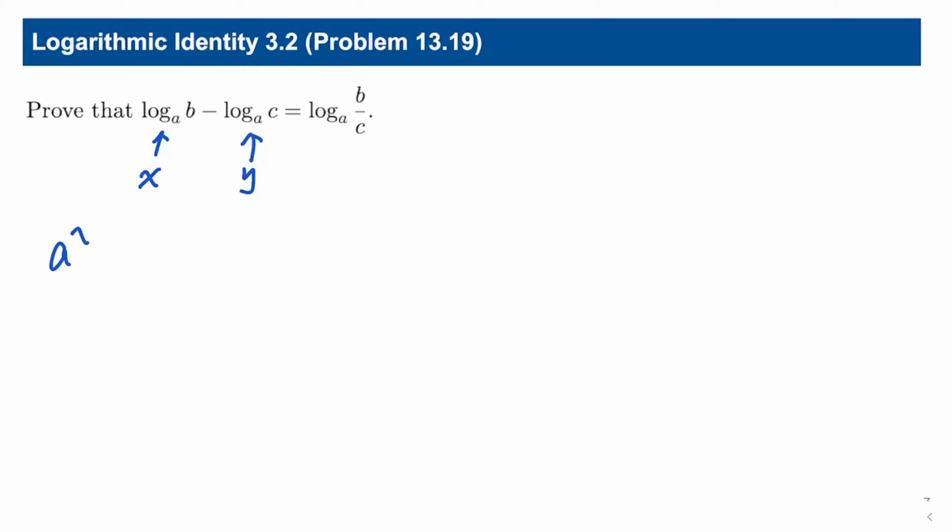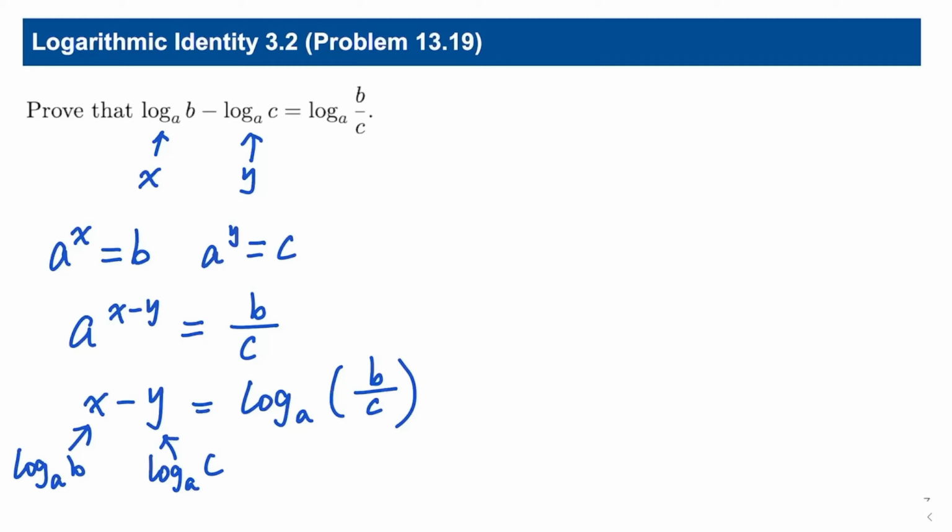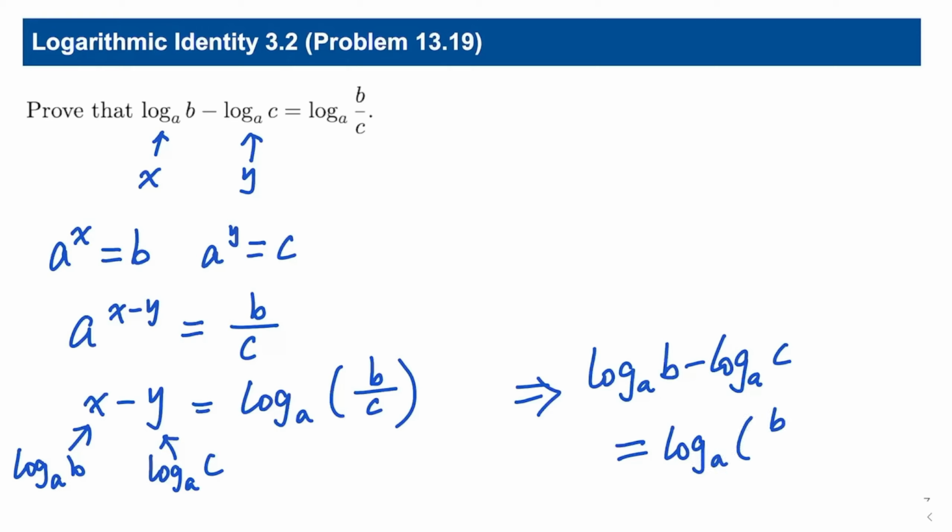Then a to the power x equals b, a to the power y equals c, a to the power x minus y equals b over c. x minus y equals log base a of b over c. x is log base a of b. y is log base a of c. Therefore, log base a of b minus log base a of c equals log base a of b over c.